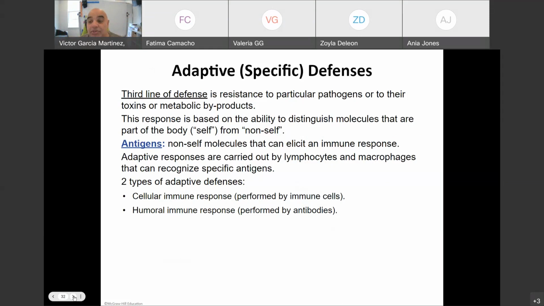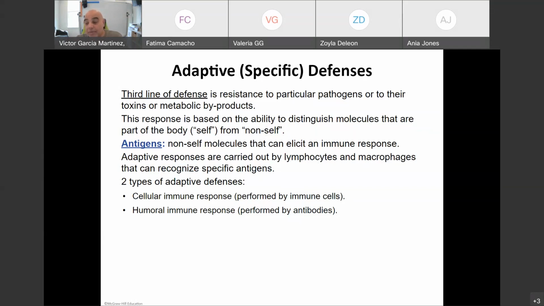Then we're able to design a specific strategy against a particular bacteria. We're able to design a specific strategy against a particular virus. We are able to design a specific strategy to fight against a specific fungi. Then this is specific, and this response is based on the ability to distinguish molecules that are self, part of the body, or non-self.